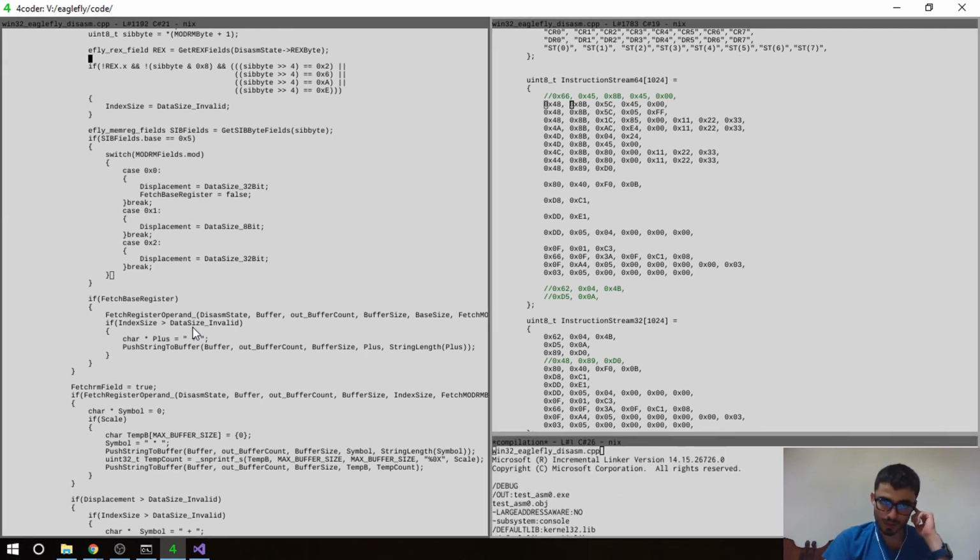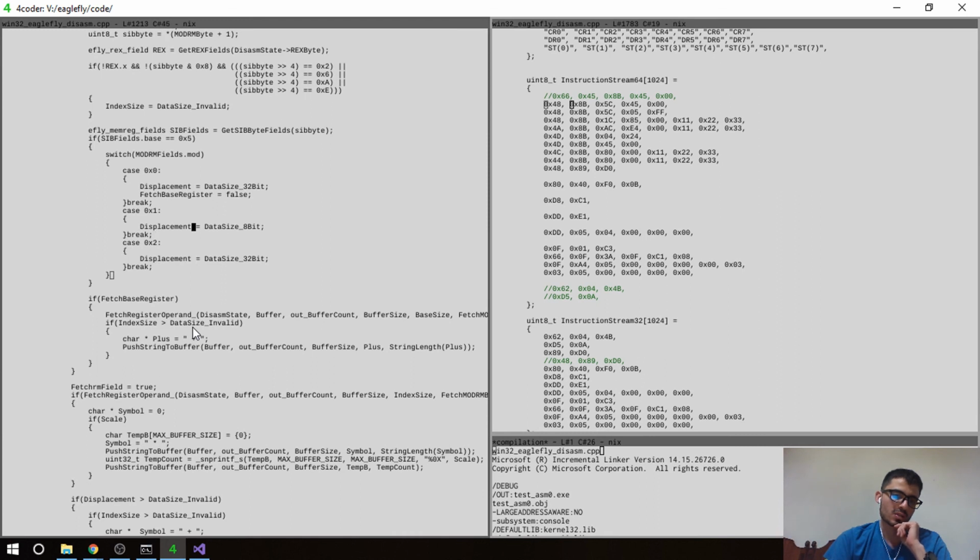Now, if you follow the idea here, we're going to have a base that's that. We're going to have a mod that's going to tell me that we have this. It's at displacement 8, which is fine, doesn't matter.